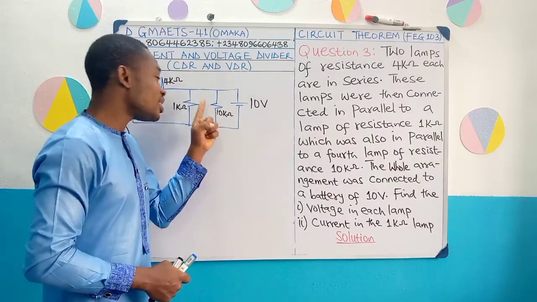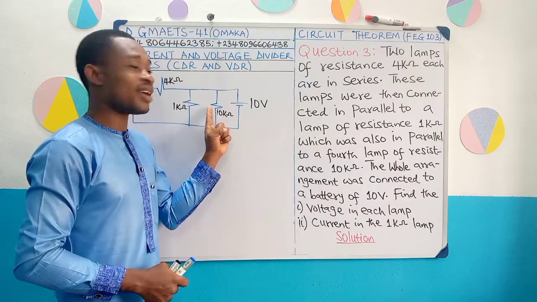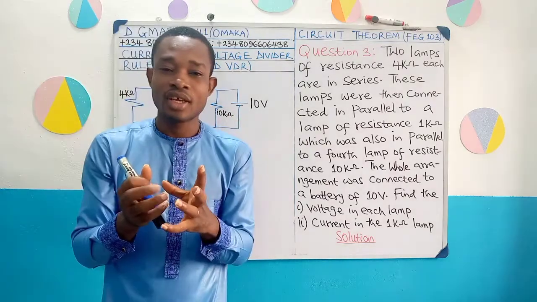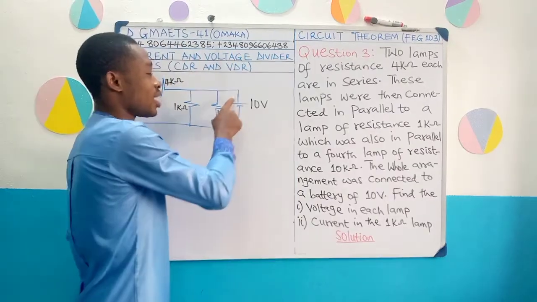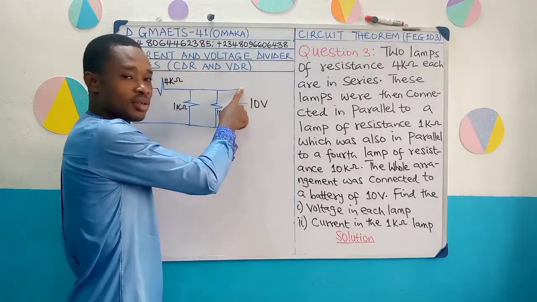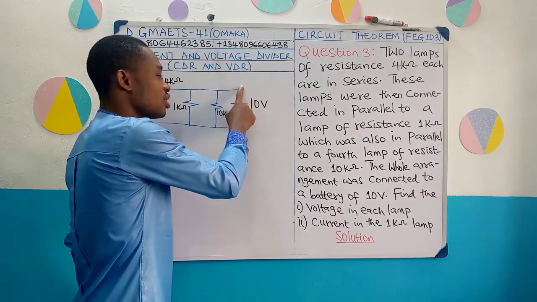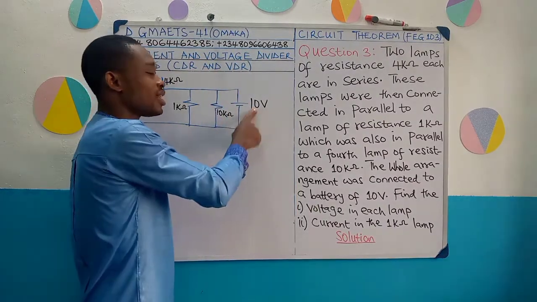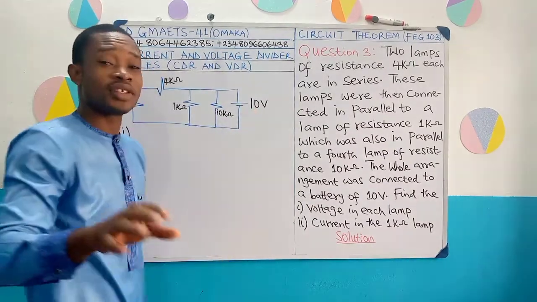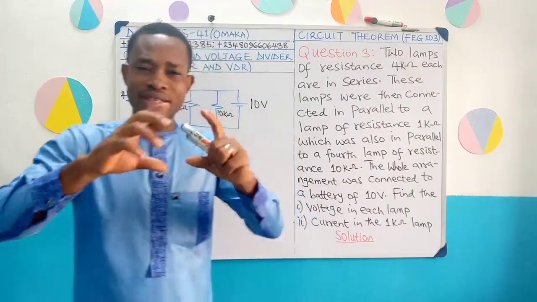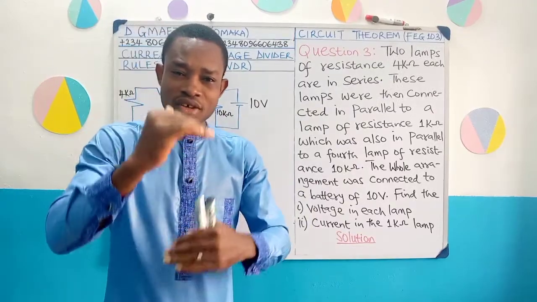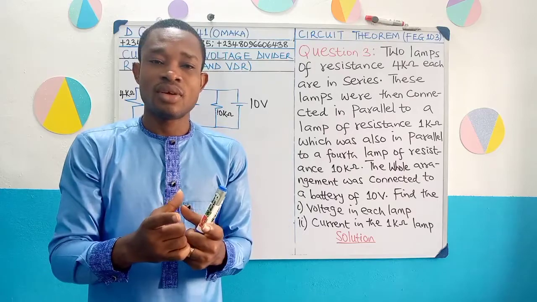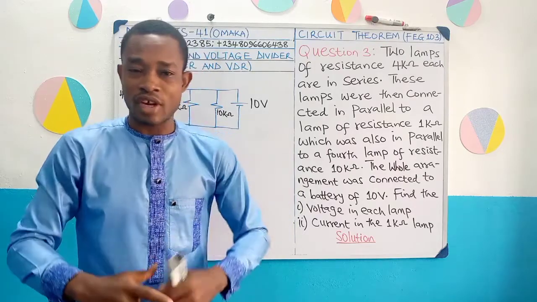Since this is the first resistance after this 10 volt battery, it simply means that this resistance is the internal resistance of this battery. That's just the analysis of it. Suppose this resistor was connected in series. If it was connected in series, then the value of the voltage will not be exactly the same as the 10 volts, because we know that series connected resistors reduce what? Voltage. Is that not so? Voltage divides, which leads to a reduction in the value of the voltage.